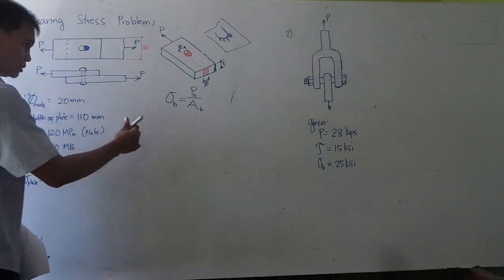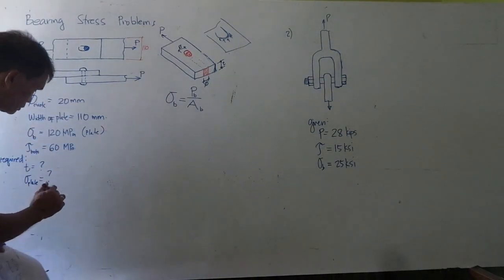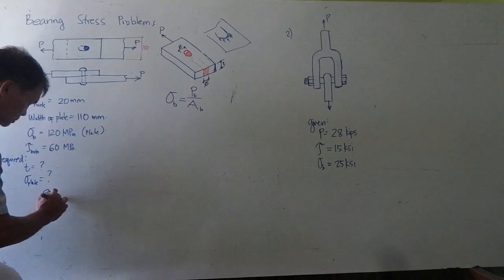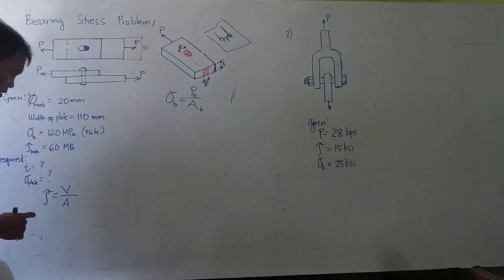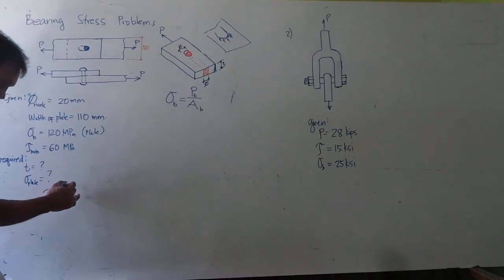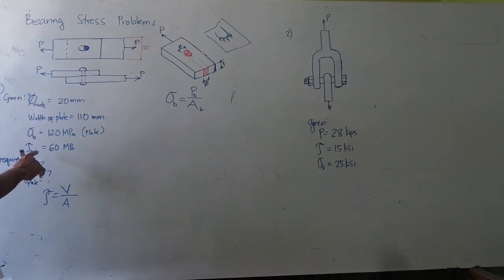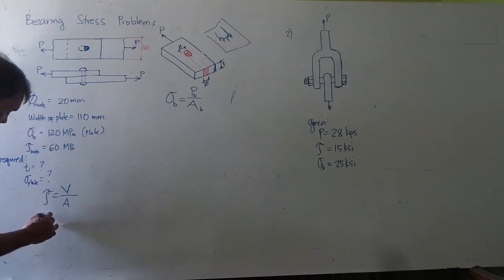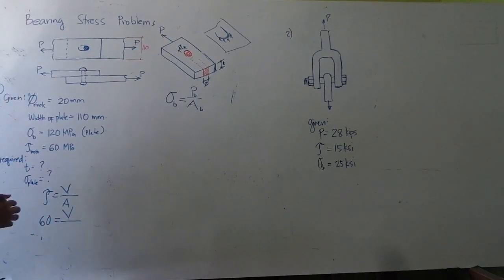From the shear stress formula, stress is load over area, so we can determine the shear. Using this, 60 equals V over the area, and the area is the area of the bolt.